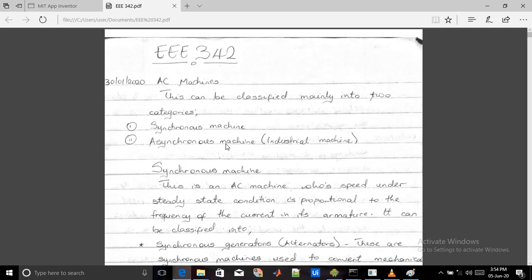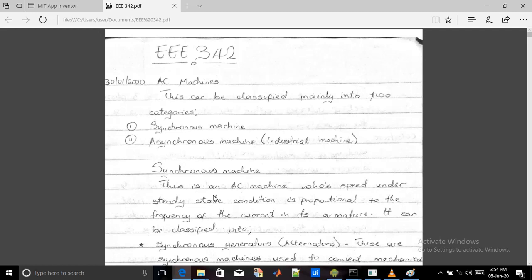So now a synchronous machine is an AC machine whose speed under steady state condition is proportional to the frequency of the current in its armature. What this is saying is that a machine can be divided into two parts: the stator and the rotor. The rotor is the rotating part, while the stator is the stationary part.